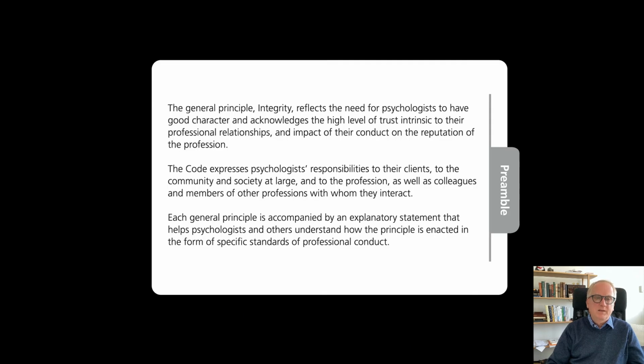And so this has things like the general principle: integrity reflects the need for psychologists to have good character and acknowledges the high level of trust intrinsic to their professional relationships and the impact of their conduct on the reputation of the profession. So you can see this is more about how psychologists might respond to their clients and what the relationships could be with clients and so on. So there are these other ethical guidelines, but we're not covering them in this course because these particular ethical guidelines aren't really about research.